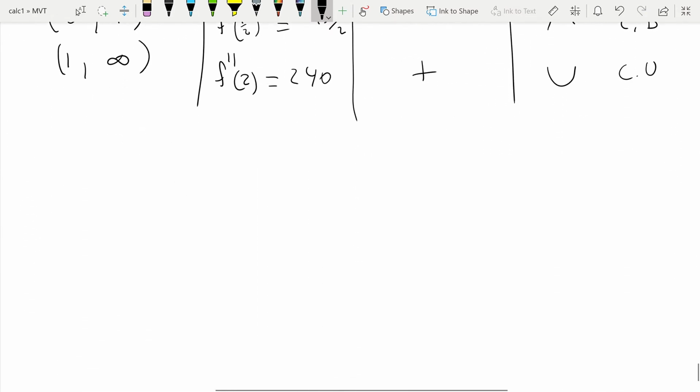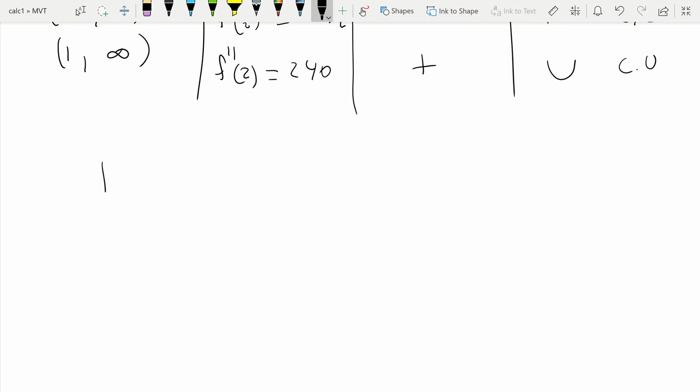Okay, so the conclusion here: f double prime does not change sign at 0, right?